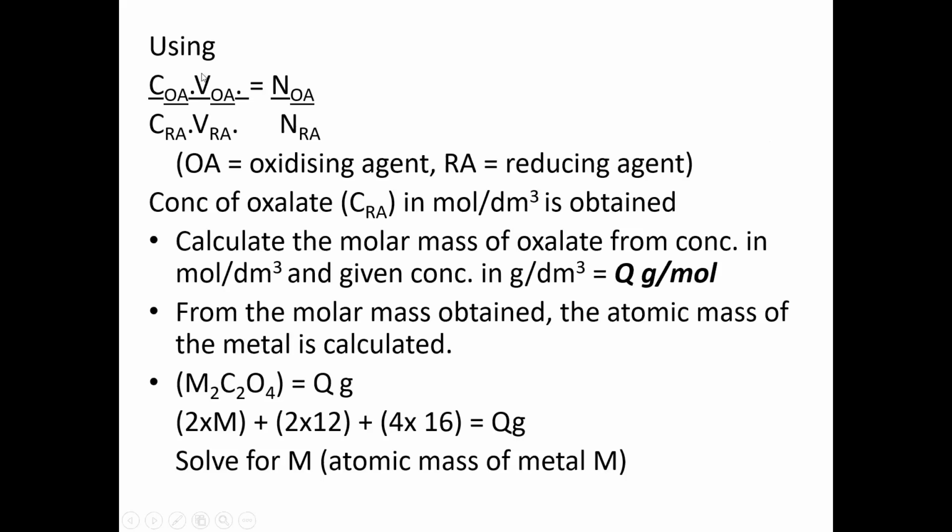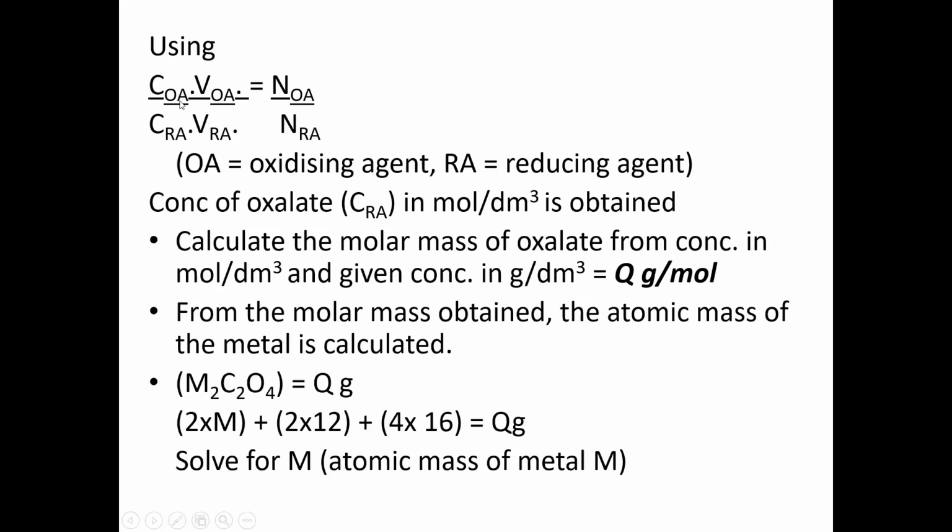Then you now use this relationship: the concentration of the oxidizing agent multiplied by the volume of the oxidizing agent, divided by the concentration of the reducing agent multiplied by the volume of the reducing agent, equals the number of moles of the oxidizing agent divided by the number of moles of the reducing agent.